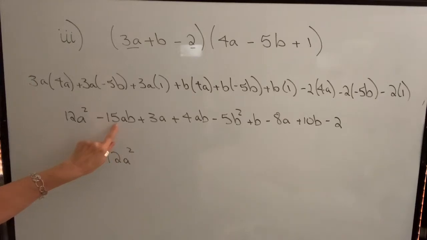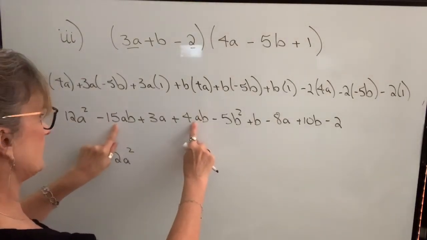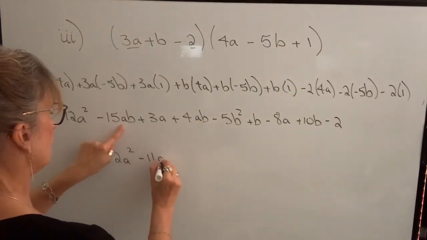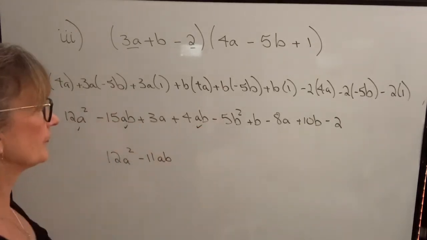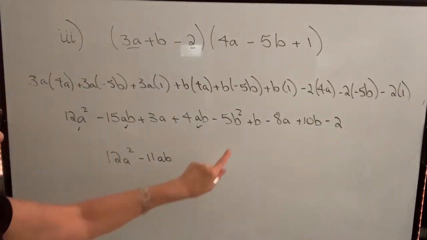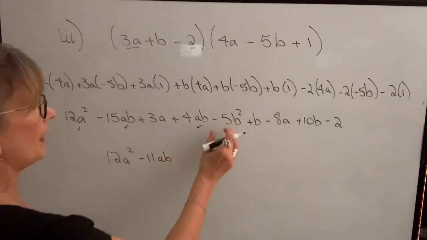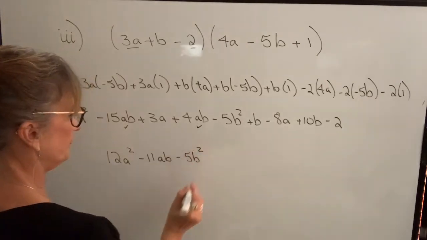AB, I've got a negative 15AB, I have a 4AB, and that's it. So negative 15 plus 4 is negative 11AB. So I've got that term, and that term. I'm going to then take my 5b squared term.